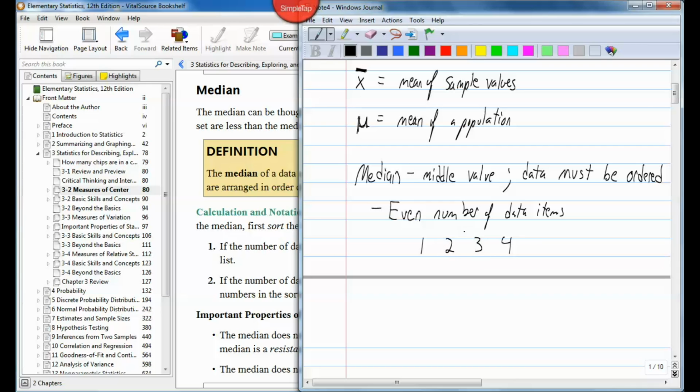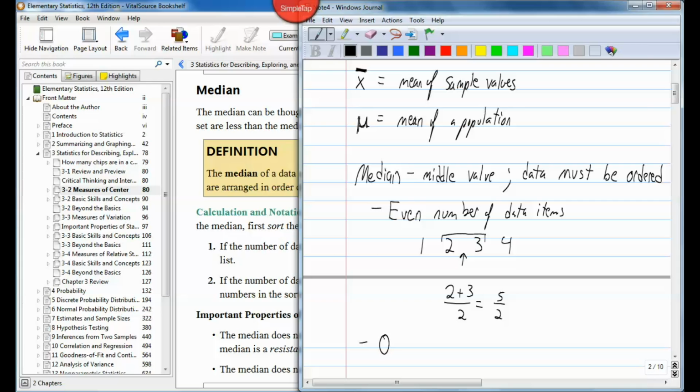There is no middle number, is there? So what you have to do, if you have an even number of data items, is take the two middle, the one to the left and to the right in the middle, add them together, and divide by 2. So the median for this set of data would be 5 over 2, or 2.5.